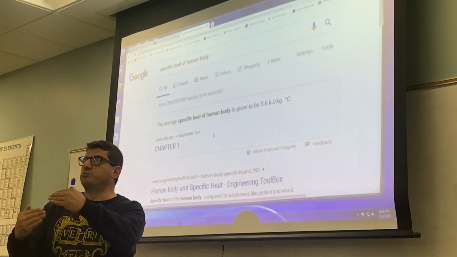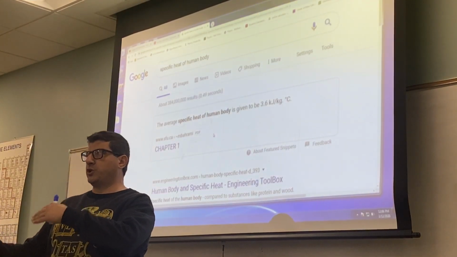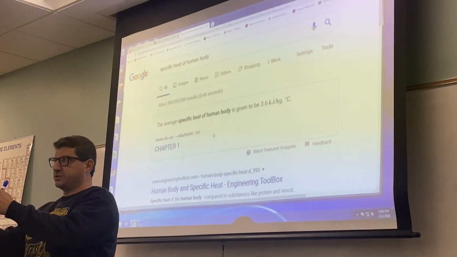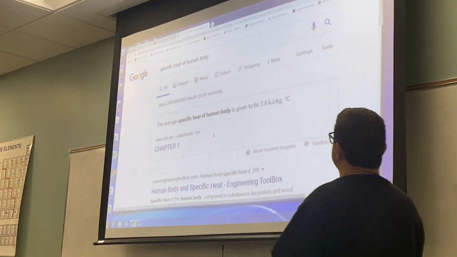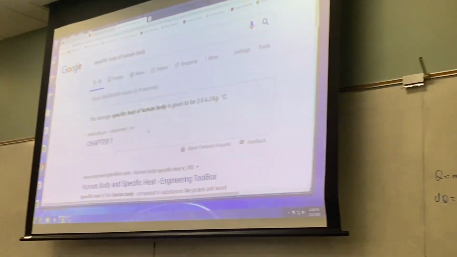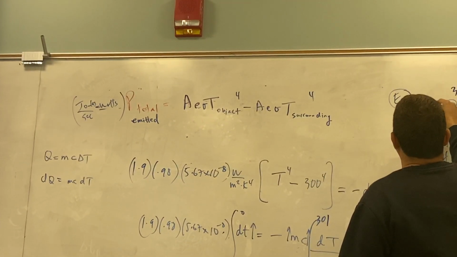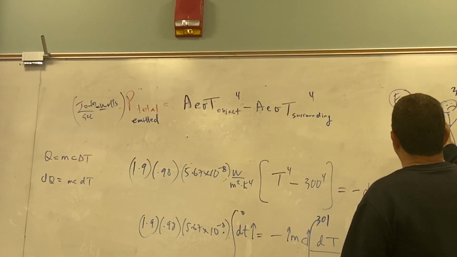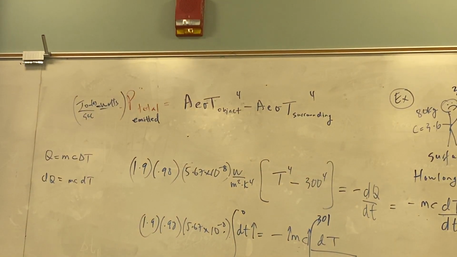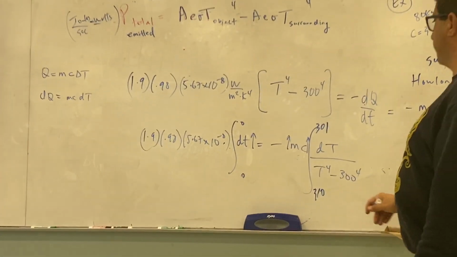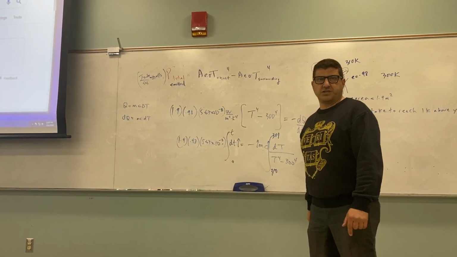We should be almost as high as water, but our bones and other tissues have lower specific heat, so our overall specific heat is a little less than water. Then I'll give the person a certain mass, let's say 80 kilograms. Specific heat, 3.6. The upper limit for the dt, oh yeah, the upper limit for the t is just t, because we're solving for t.